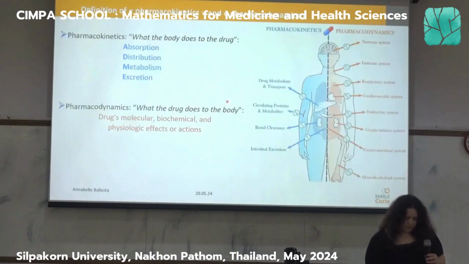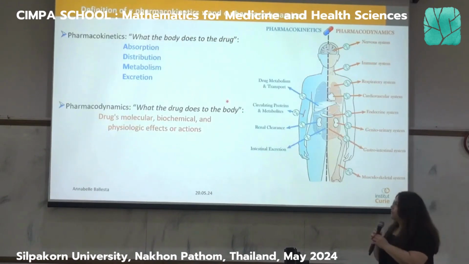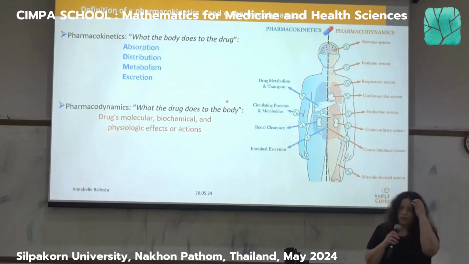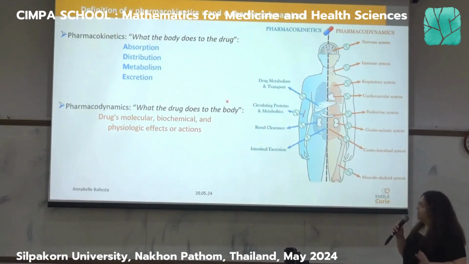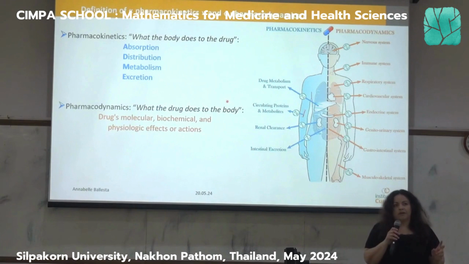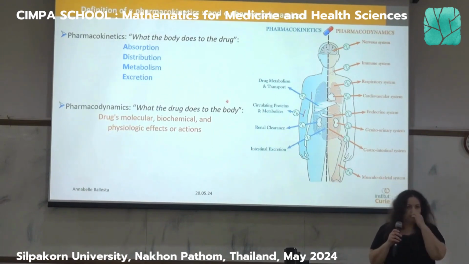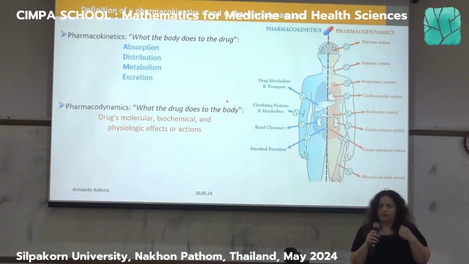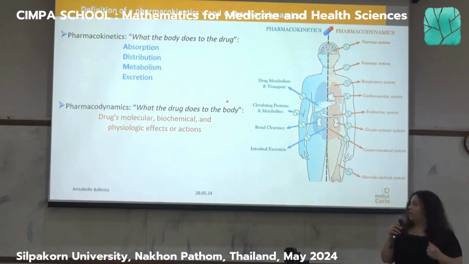Okay, so let's start with some definitions. What do we mean by pharmacokinetics and pharmacodynamics? First, pharmacokinetics is what the body does to the drug. So when you take a pill, when the drug enters the body, it will be challenged in several ways.